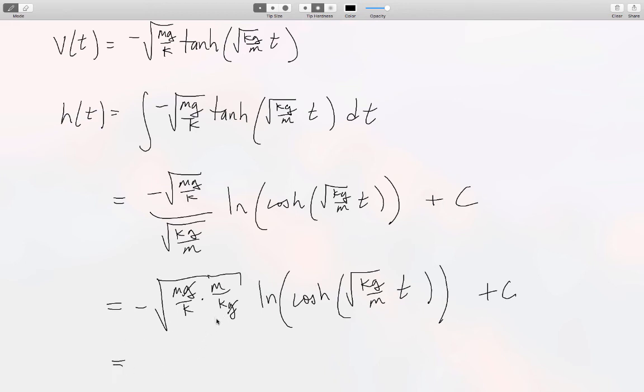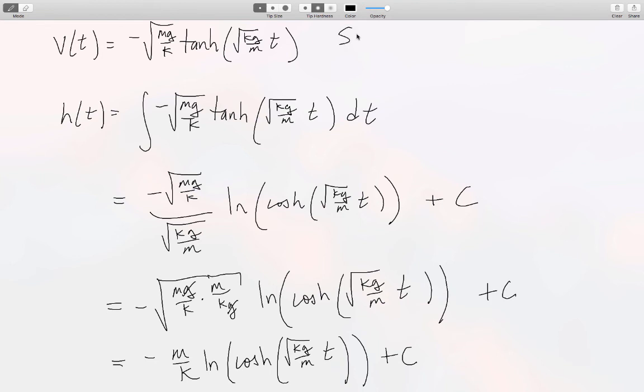That's m squared over k squared, and both are positive, so you can just take the square root of m squared. You just get m over k. Because the square root of m squared, the square root of k squared. That simplifies just m over k, ln cos hyperbolic square root kg over m t plus the c.